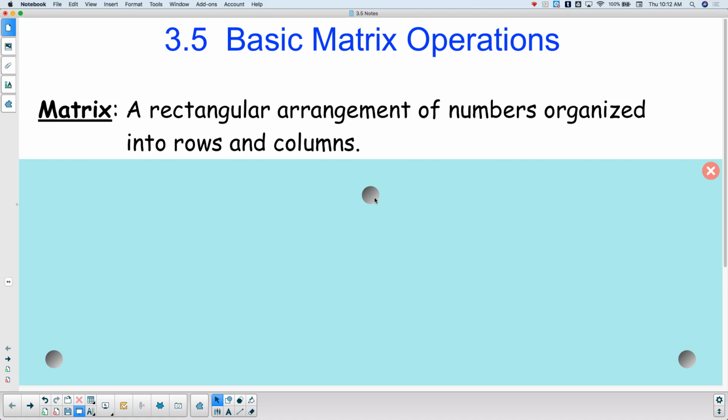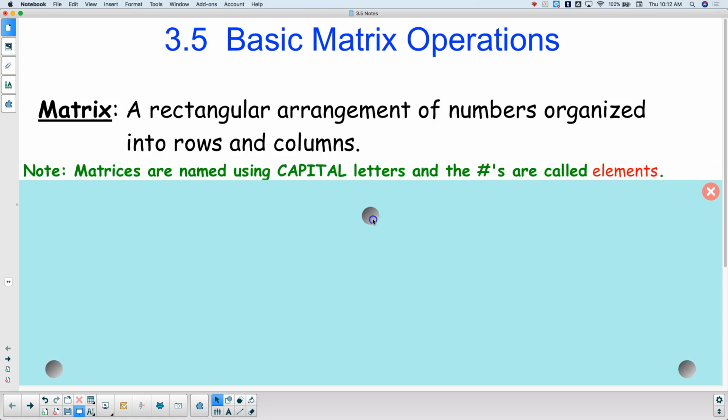Dimensions, multiplication, addresses, okay? All different things that have to do with rows by columns. Side note, we name matrices using capital letters. Lowercase letters we reserve for variables.